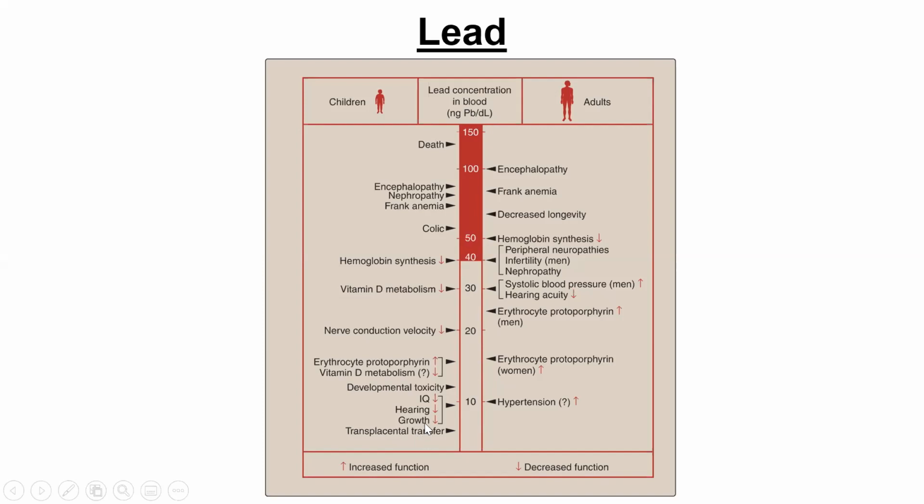Even at a low dose, there is placental transfer, so it gets into the fetus and decreases IQ, hearing, and growth, causing developmental toxicity. Anytime you go above 10, you start experiencing developmental toxicity. Going higher, you get elevated erythrocyte protoporphyrin, and vitamin D metabolism starts reducing, so you can't use vitamin D. Even higher, nerve conduction velocity starts slowing down, vitamin D metabolism is severely affected, and hemoglobin synthesis starts going down.